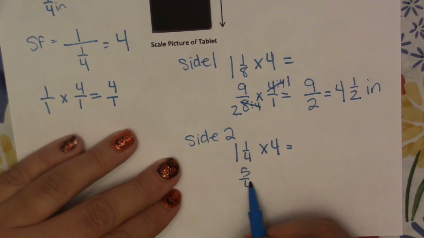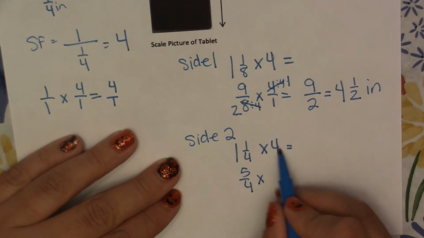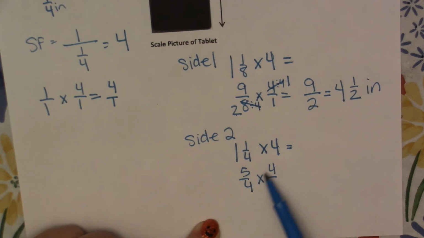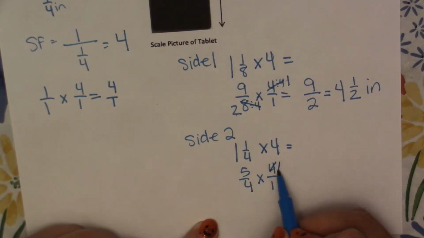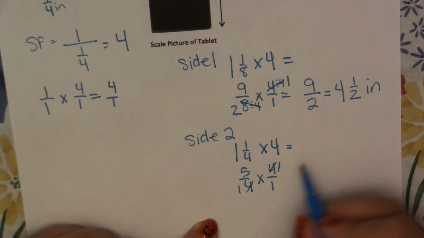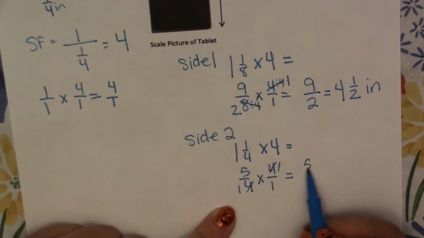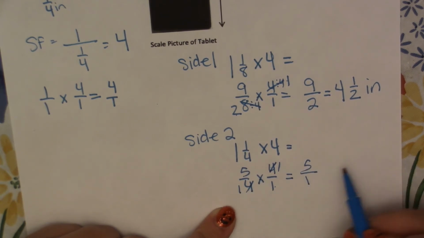So 5/4 times 4/1. I notice these are both 4s on the diagonal, so I can divide both by 4. 4 divided by 4 is 1, and 4 divided by 4 is 1. Now we can multiply. 5 times 1 is 5, 1 times 1 is 1. So this would be 5 inches.